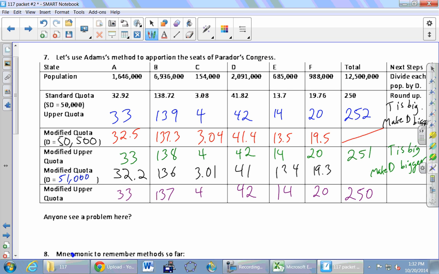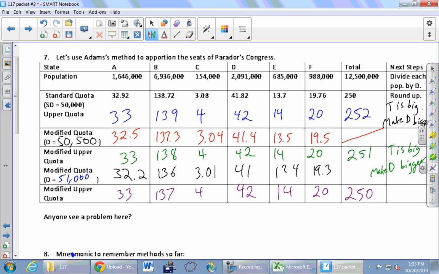And it turns out that Adams' method favors the smaller states. You're seeing it here. All the small states benefited, but the big state, state B, ended up getting shafted a little bit. And it turns out that Jefferson's method favors the other side. So if you're a big state and you're trying to figure out which one of these is going to benefit you, you have a vested interest in choosing Jefferson's method, right?